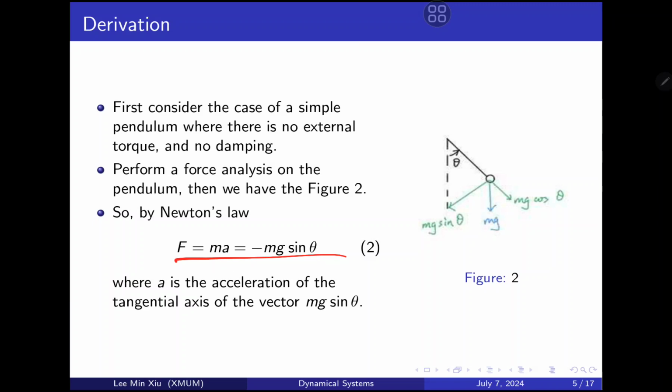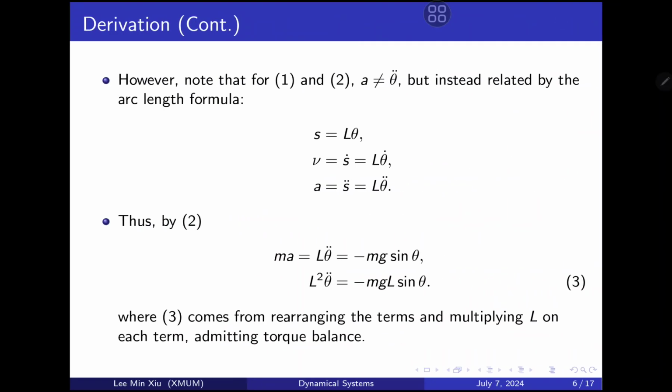And also note that a here is actually the acceleration of this axis only, and it is not the angular acceleration. However, we can relate them by using the arc length formula, which is this: s equals L theta.